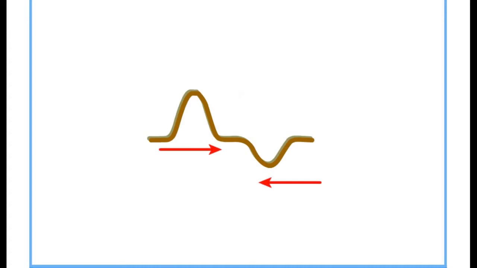Displacements in opposite directions produce destructive interference. Since the pulses are on opposite sides of the equilibrium position, the displacements have different signs, one positive and one negative. When the positive and negative displacements are added, the resultant wave is the difference between the pulses. This is called destructive interference.